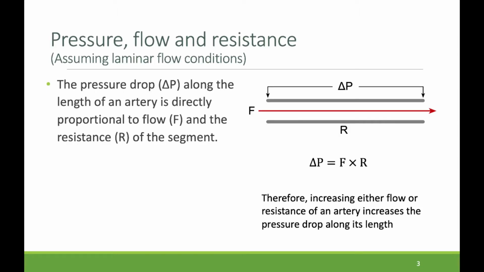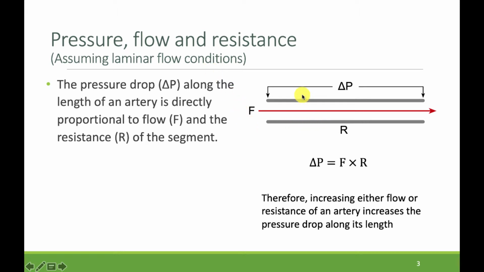Let's begin by looking at the relationship between pressure and flow and resistance in an isolated arterial vascular segment. In this lecture, I will be assuming that we are operating under laminar non-turbulent flow conditions.